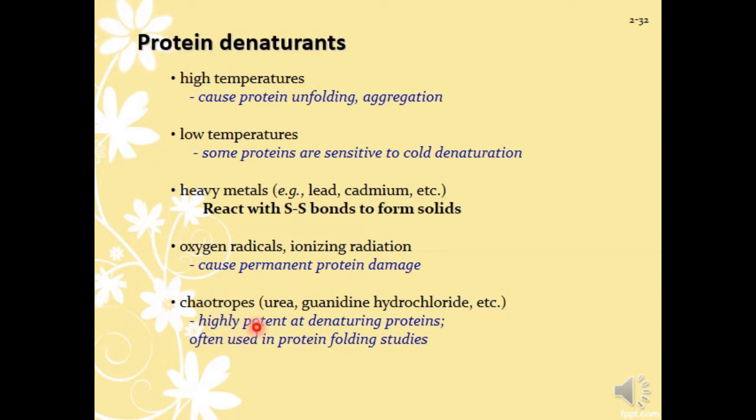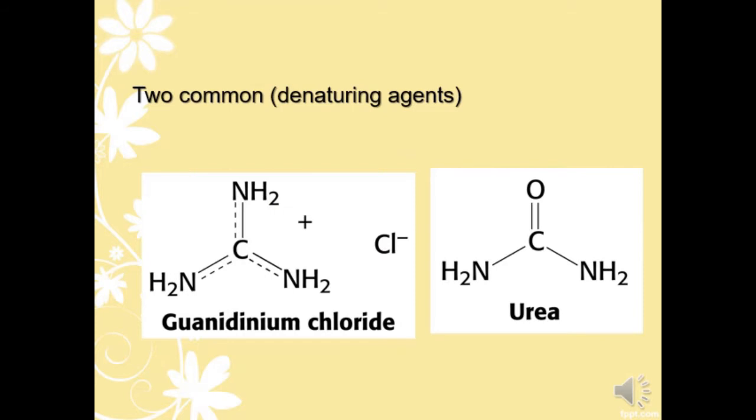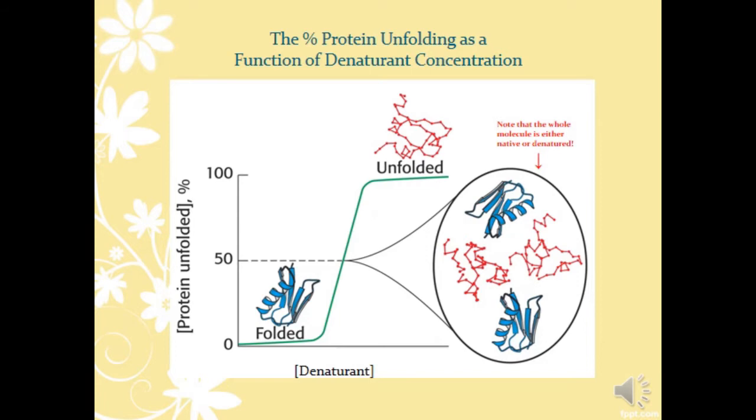The last one is chaotropes, for example urea and guanidine hydrochloride. These chaotropes are highly denaturing agents and often used in protein folding studies. This is guanidine chloride and urea, common denaturing agents.